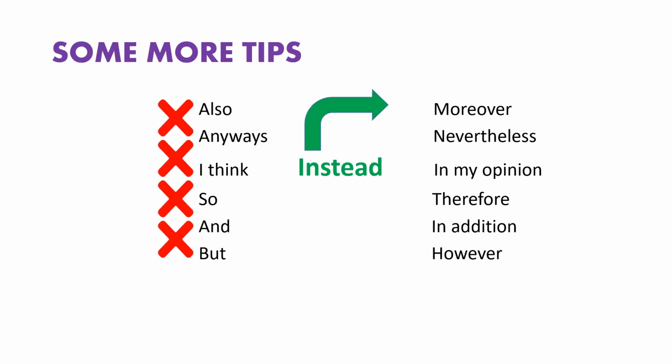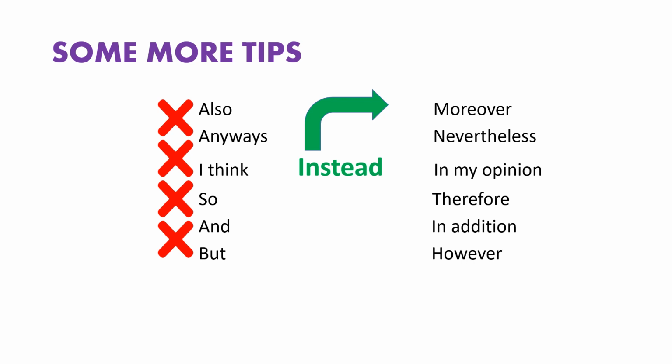So here are some more tips, and I would recommend you to use the words given in the examples instead of using also, anyways, I think, so, and but in your formal essays. Instead of also, you can use the word moreover, like transitional words. Similarly, instead of anyways, you can go for nevertheless.